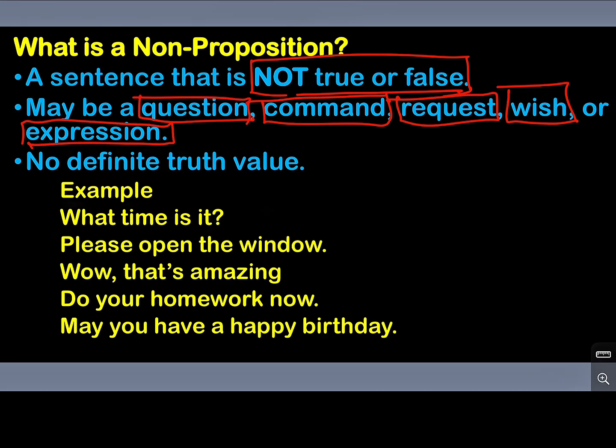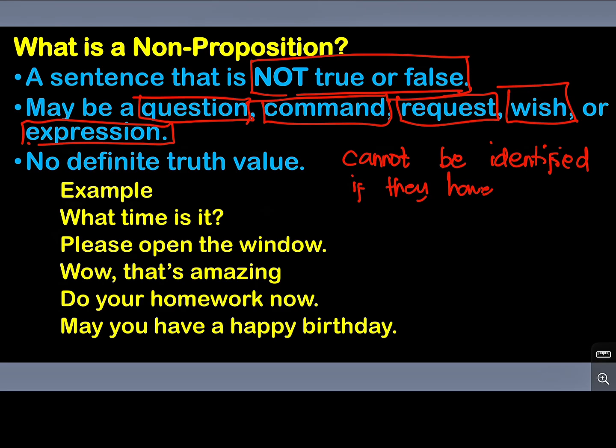By the way, an expression is just like 3 plus 8, 9 plus 5, that doesn't have the equal sign. Equation has the equal sign, like 3 plus 8 equals 11. That has an answer already. That's an equation. Another thing, a non-proposition has no definite truth value. It cannot be identified as true or false.